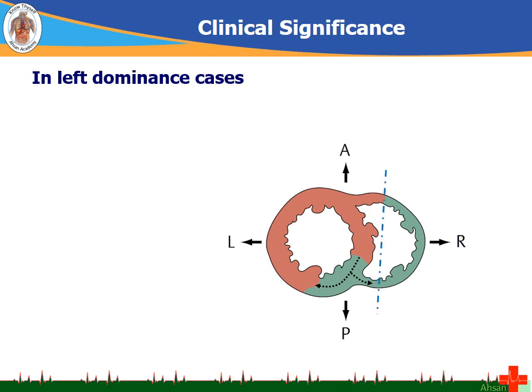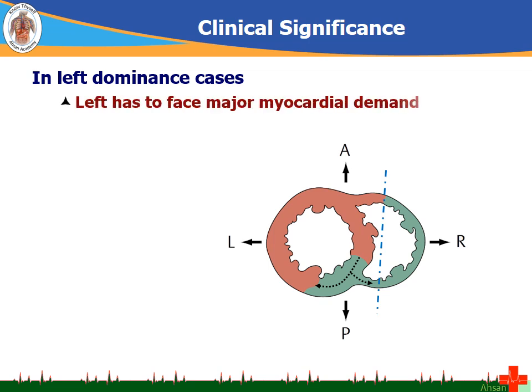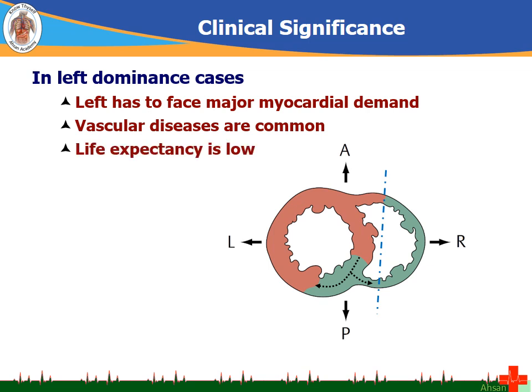If you see, the dotted lines indicate that on the right side a small area is supplied by the right coronary artery, and on the left side most of the heart is supplied by the left coronary artery. So the left coronary artery faces a major myocardial demand for nutrition, including oxygen. So vascular disease is common when these persons have left dominant coronary circulation, and usually the life expectancy of this type of person is low.